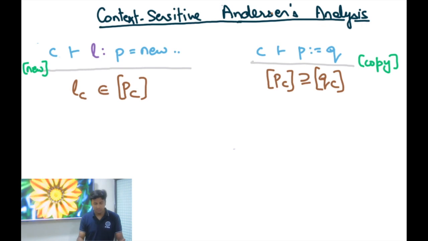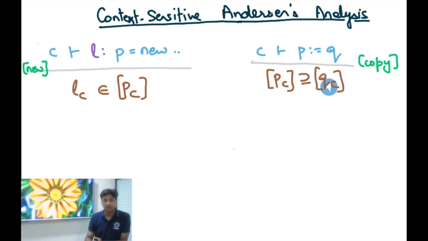All right. Similarly, we can generalize for other points-to rules, the standard Anderson's analysis that we previously discussed for an intra-procedural case. So let's say we have a copy statement P := Q being executed in context C. Then we update the outgoing edges of PC using the outgoing edges of QC.